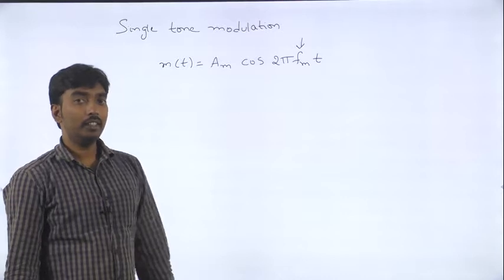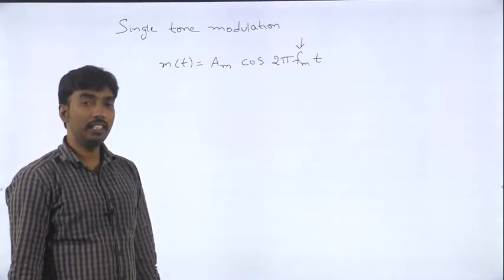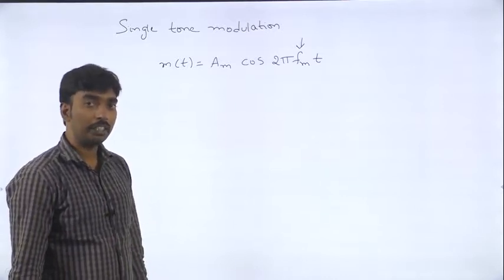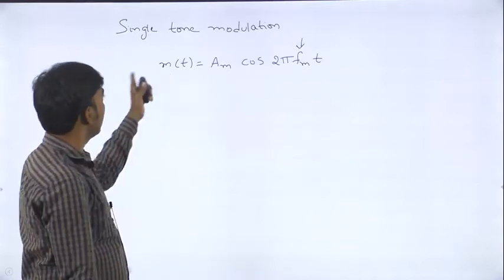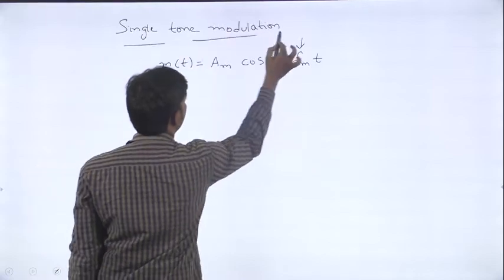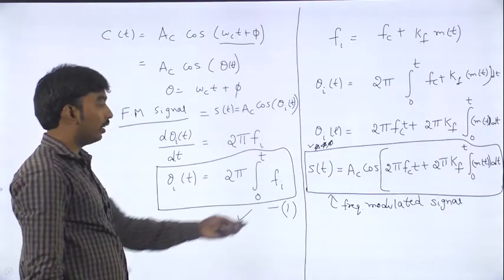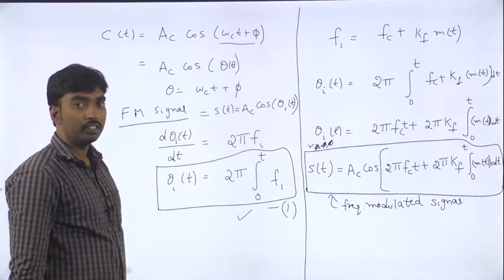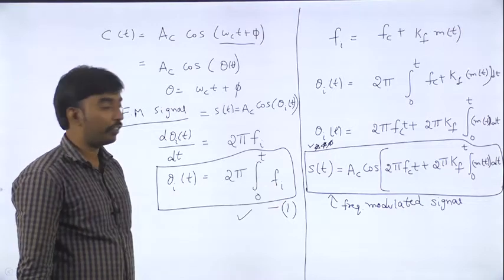Now what is the FM signal mathematical expression for single tone modulation, which we are going to see now? Now what is the expression for S of t? Generalized expression for S of t for frequency modulation, right? That I am going to write here.